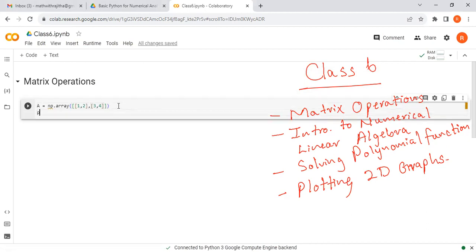Print a. We know what is going to print here.